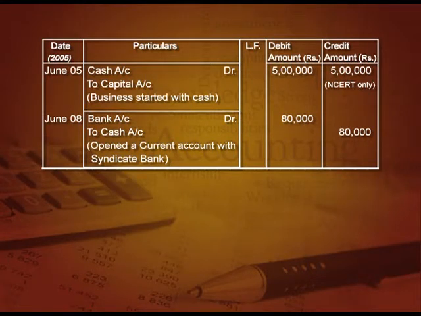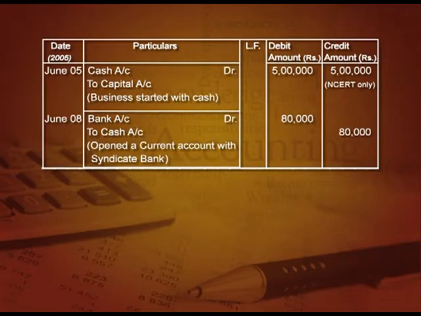So, the journal entry I will make is bank account debit to cash account, 80,000. In bank account, I will write on the debit side to cash 80,000, and in the cash account I will write on the credit side by bank 80,000.